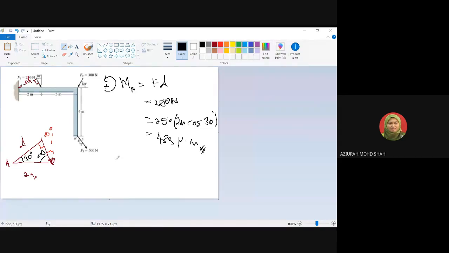We know that for the Varignon theorem, we need to resolve the force into component Fy and also Fx. So this one we clear. There is not enough space for me to do it like this.